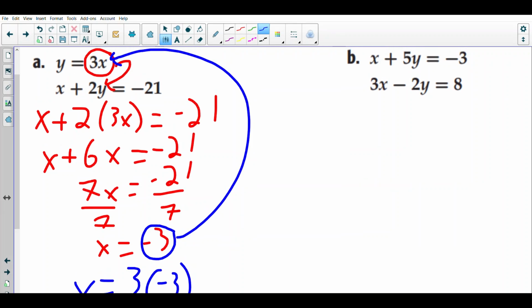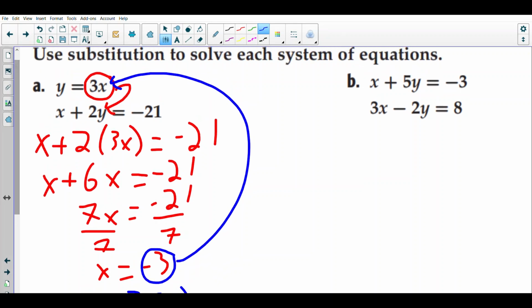Now, the next one, x plus 5y is equal to -3, and 3x minus 2y is equal to 8. As I said before, always find the one that's easiest to solve for. I noticed the first one has the easiest variable to solve for. So I'm going to take it over to the side, x plus 5y is equal to -3.